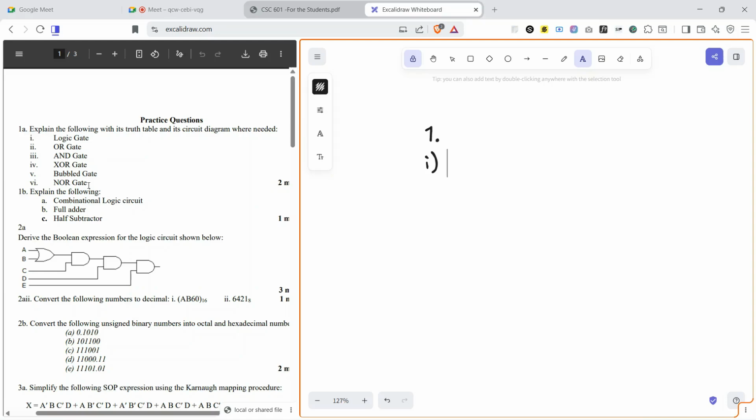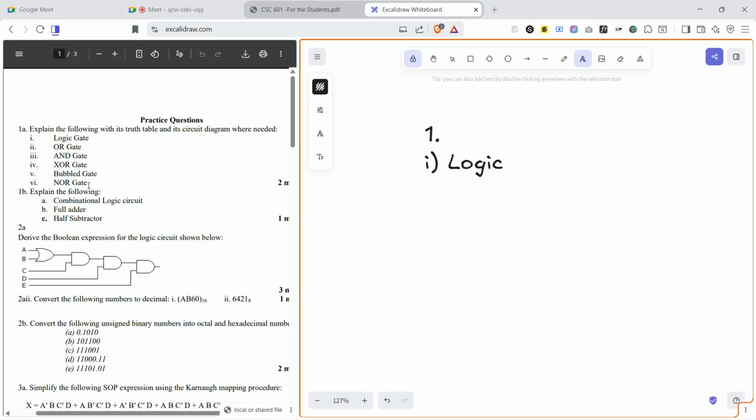So logic gates is like the umbrella name for all of them. Basically, logic gates are the building blocks of digital circuits, and they perform Boolean operations on one or more inputs to produce a single output.